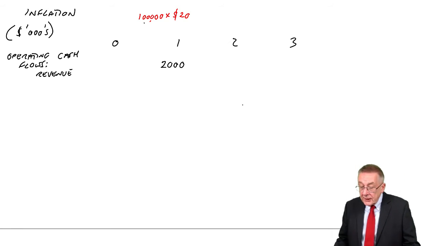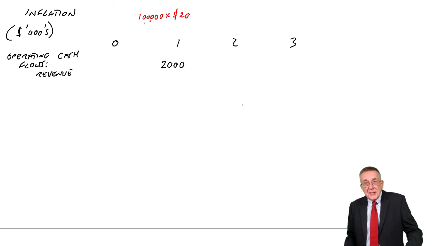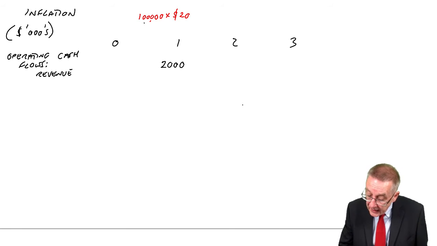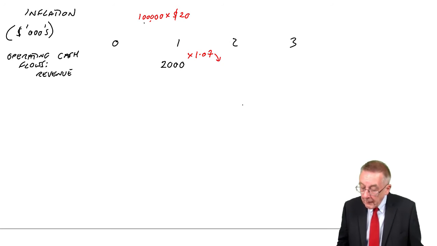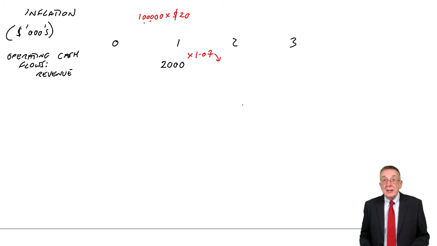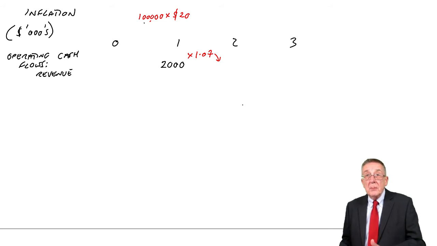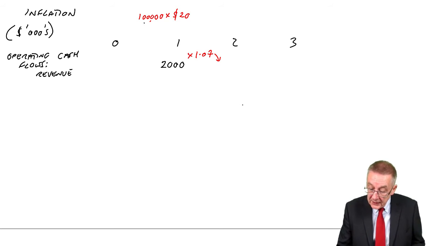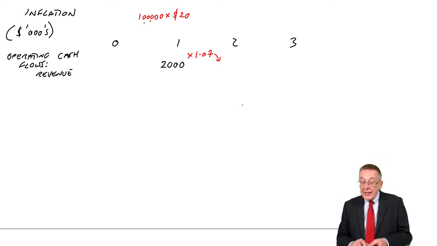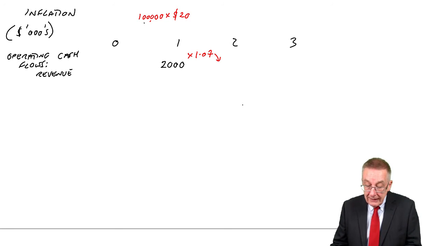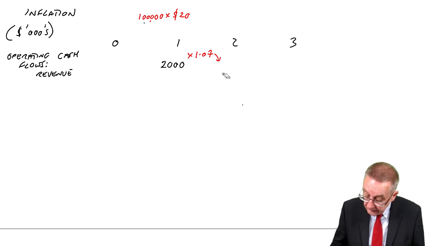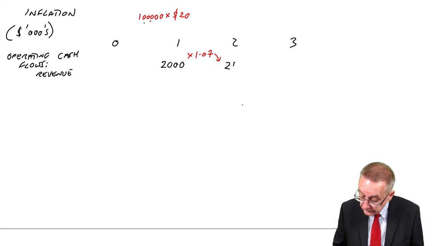In the second year, it'll be 2,000 plus 7% of 2,000, or 2,000 times 1.07. If we multiply by 1.07, that's 2,000 plus 0.07, or 7% of 2,000. So the cash we expect in the second year, 2,000 times 1.07, is 2,140.